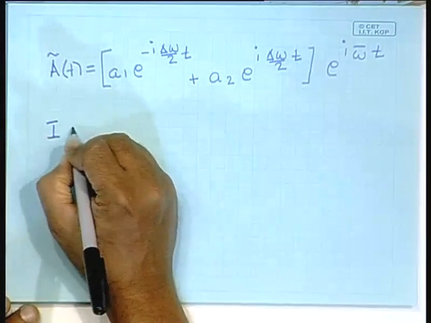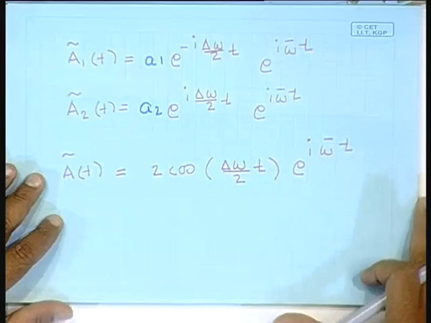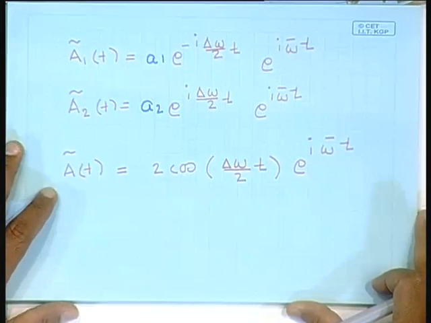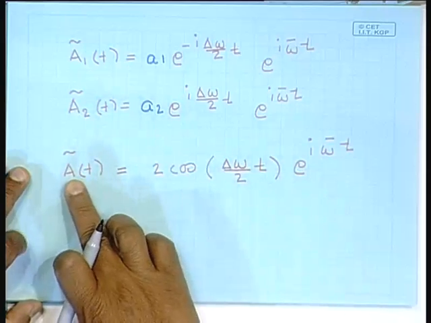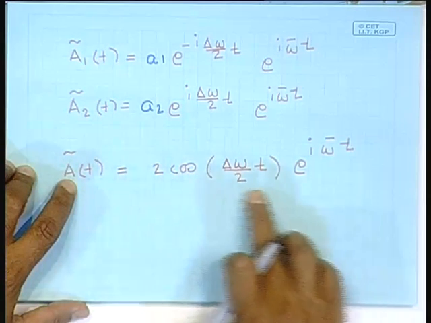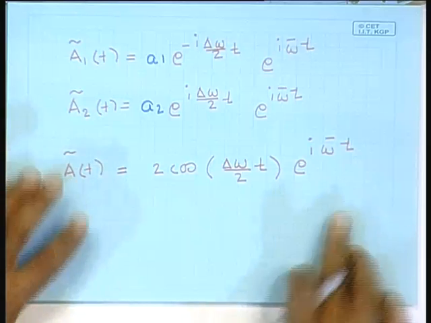Before going into the question of the intensity, let me just come back to this. Suppose I had exactly the same amplitudes, then this would be the result of the superposition, and the question is now how to calculate the intensity.